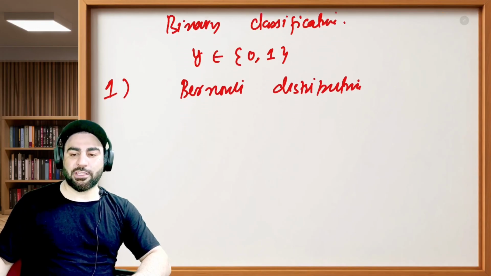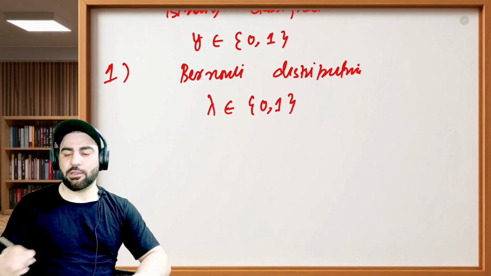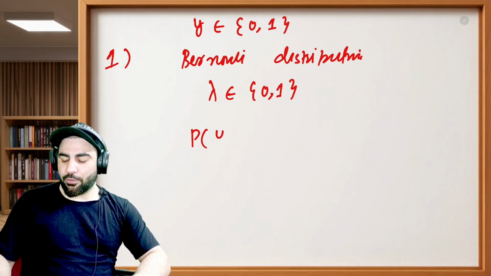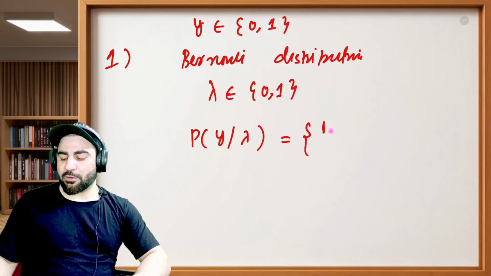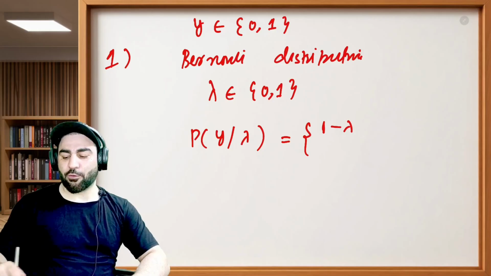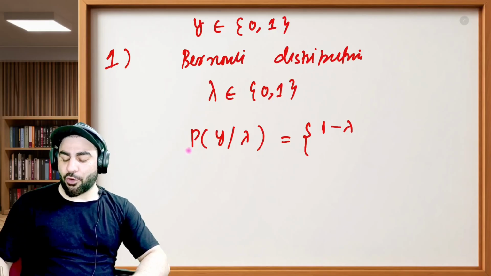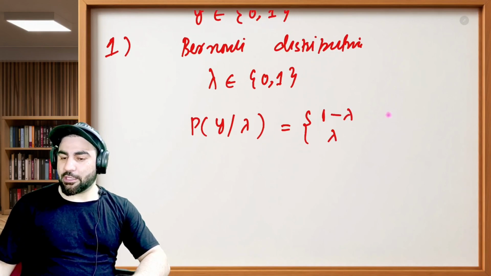And you know what Bernoulli distribution is? Let's suppose it's parameterized with lambda, which gives 0 or 1. If I define the probability of y given lambda, where lambda is the parameter, I don't use p because I don't want to confuse it with something else, so I am using lambda, the standard notation. The probability is 1 minus lambda when y is equal to 0, and lambda when y is equal to 1.